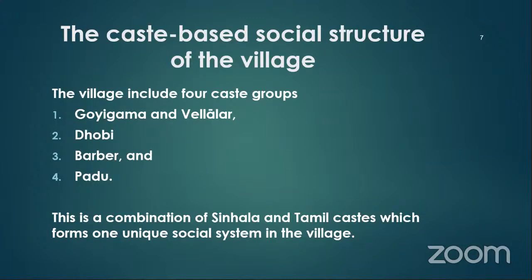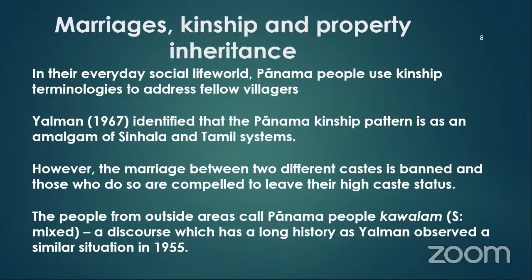Padu is a Sinhalese caste. In that sense, both Sinhala and Tamil groups are united as caste groups in one whole system in this village. So it is a combination of Sinhala and Tamil castes which forms one unique social system in this village. These are very important three concepts in the Panama village.